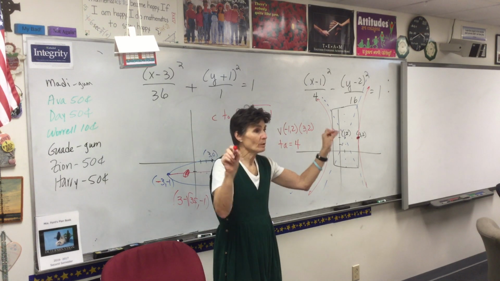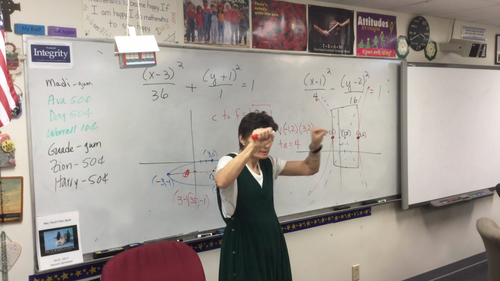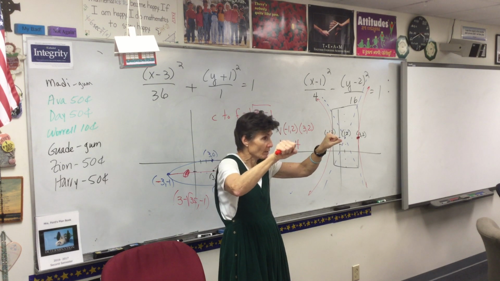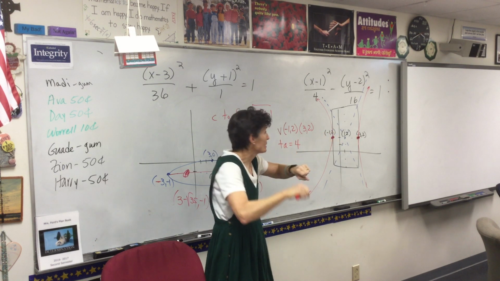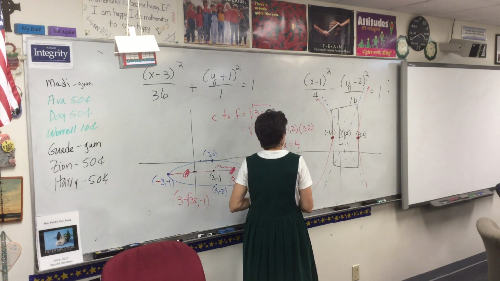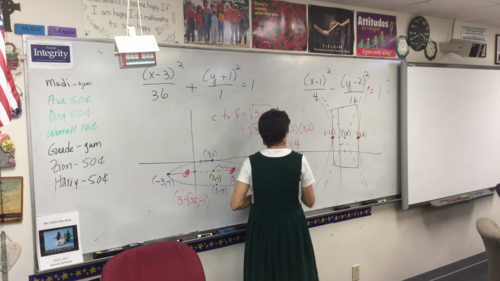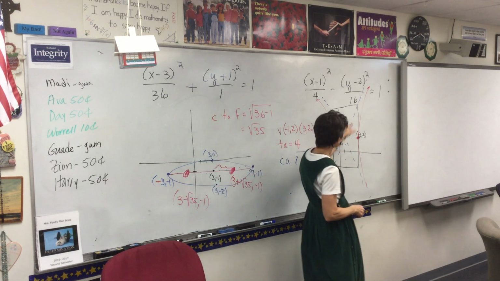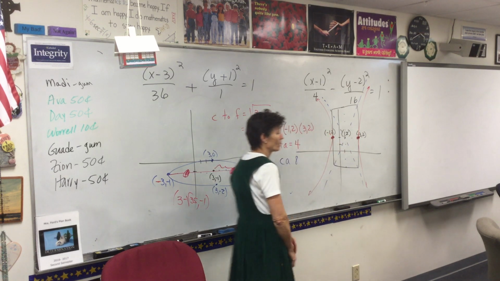The one that joins the vertices. See those red points? How far is it from point to point? 4. That's transverse. Now this is your conjugate axis. Your conjugate axis is 8, because in order to make the box, you counted up and down 4.